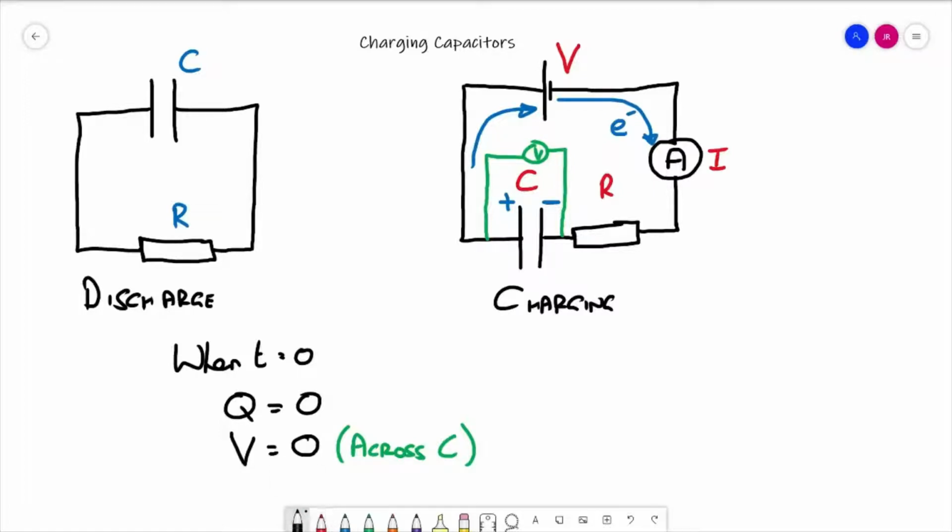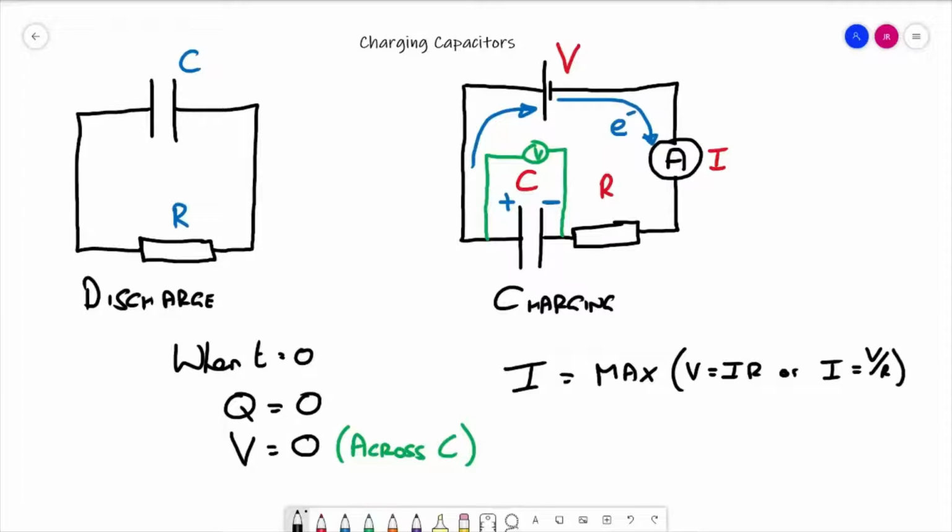In other words, the current will be at its maximum value, and we can calculate that using Ohm's law, V equals IR, or we can rearrange to say that it is V over R.